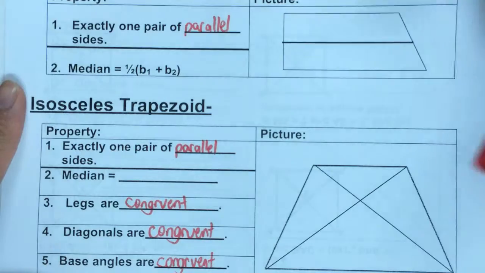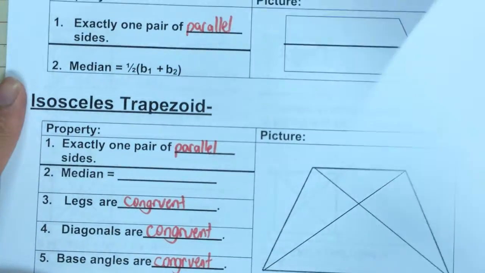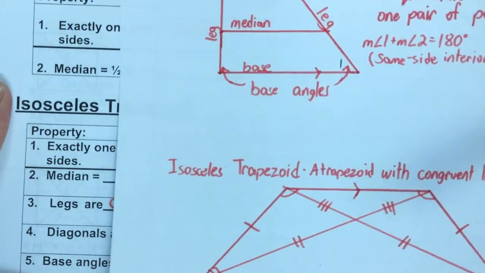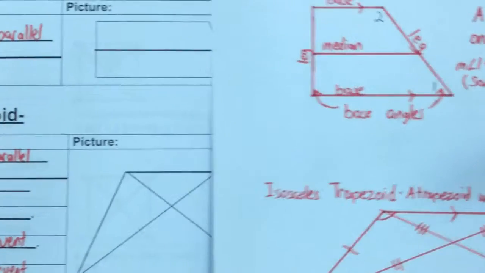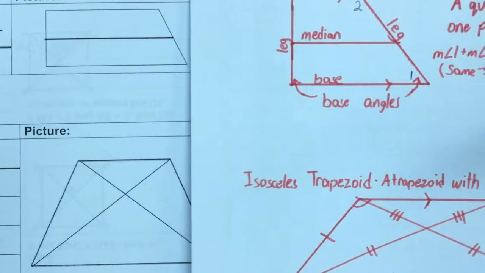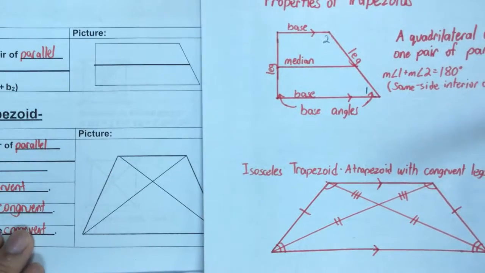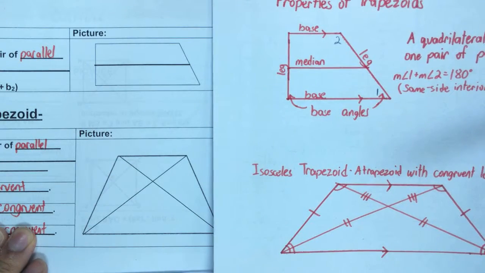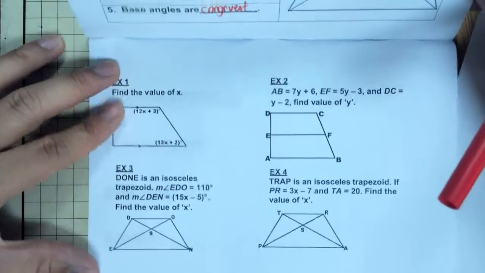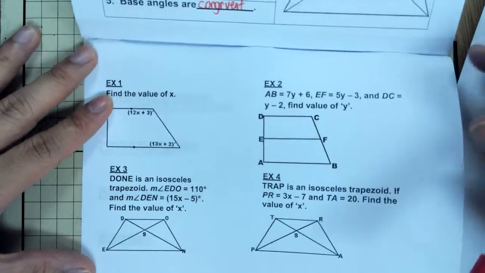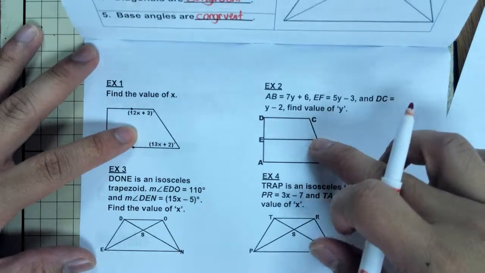So what I have up here, the picture and the blanks, is what we have over here. Let me put these side by side. Alright. So now I'm going over to the examples. I'll do example 1, example 2, and example 4.